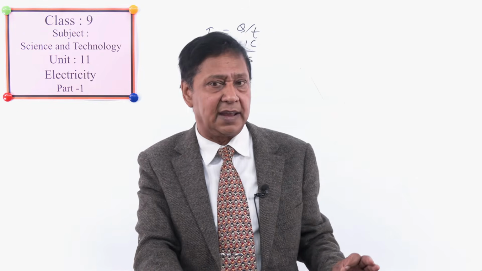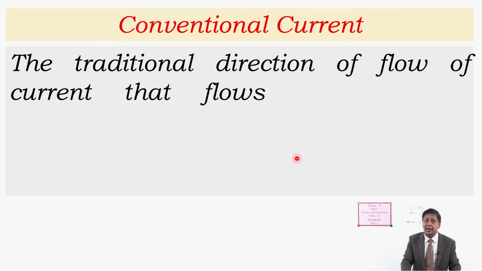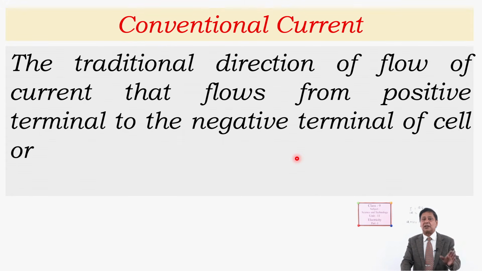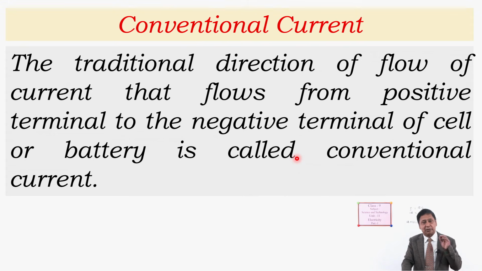Now, how can we define conventional current? This is the definition: the traditional direction of flow of current that flows from the positive terminal to the negative terminal of a cell or battery is called conventional current. Okay, we understood conventional current also.